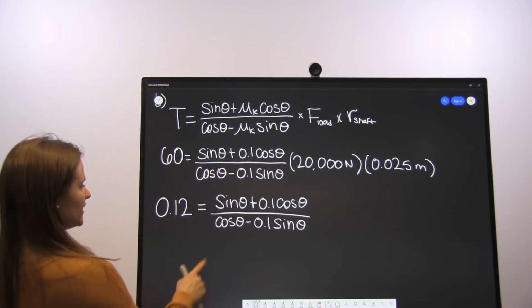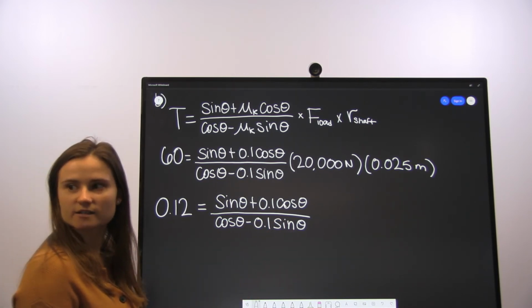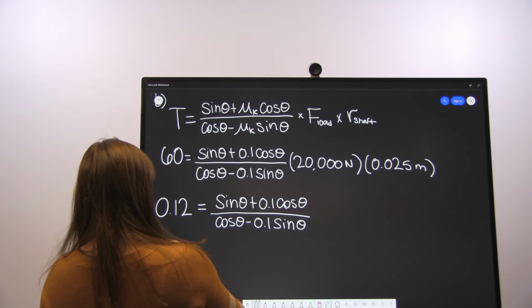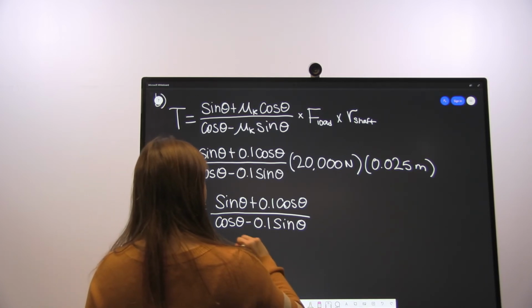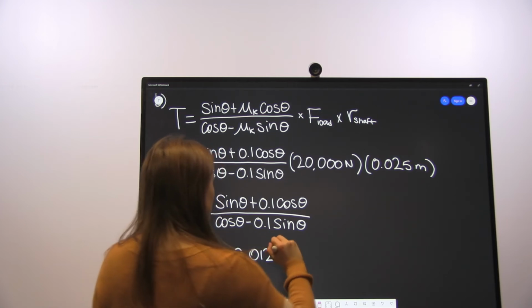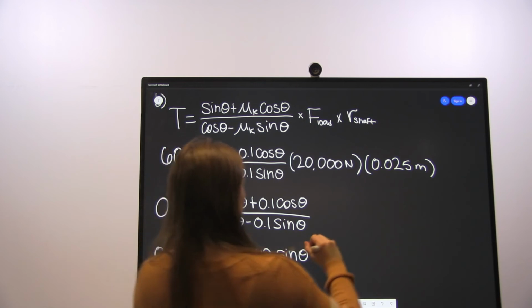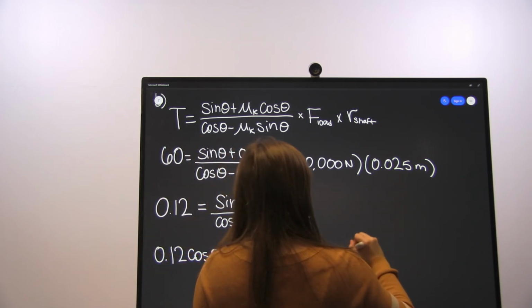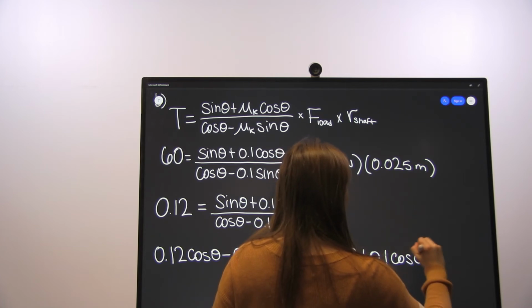And then we can multiply both sides by the denominator of this fraction, which gives us 0.12 cosine theta minus 0.012 sine theta is equal to sine theta plus 0.1 cosine theta.